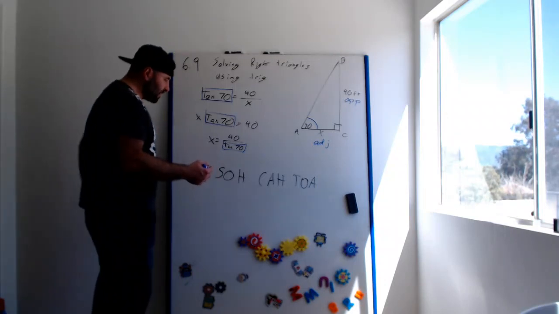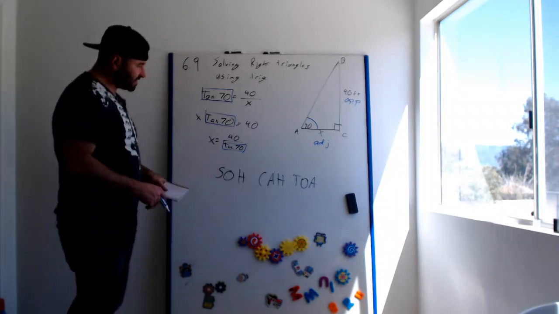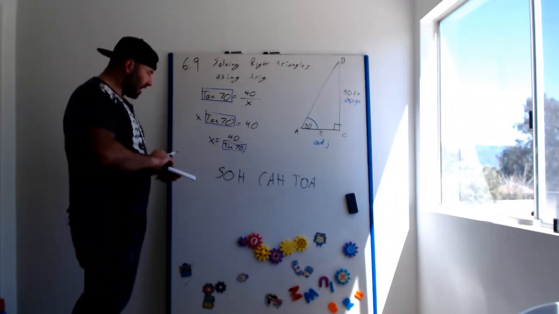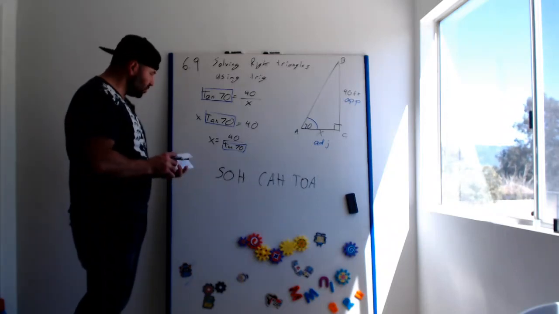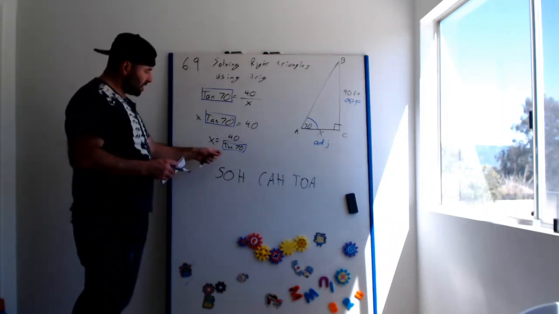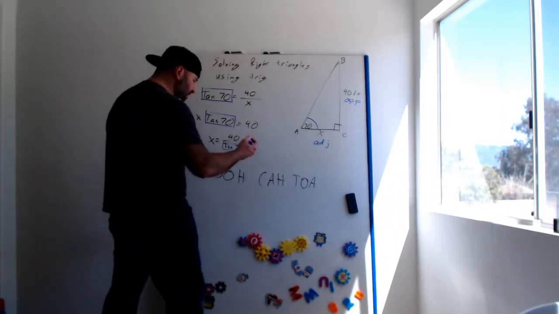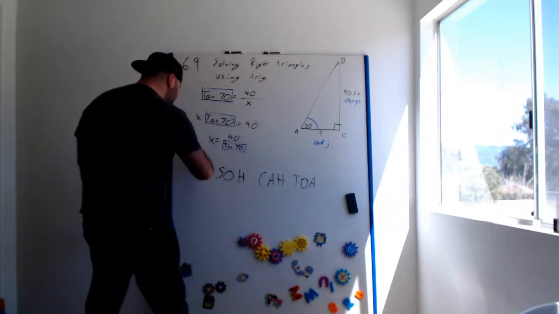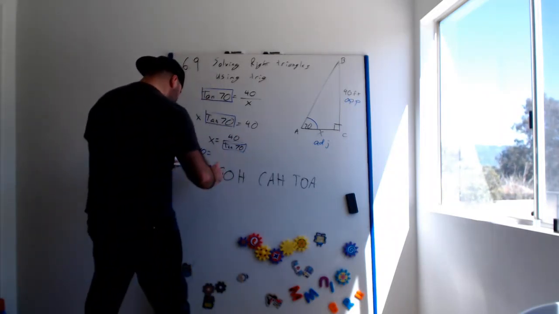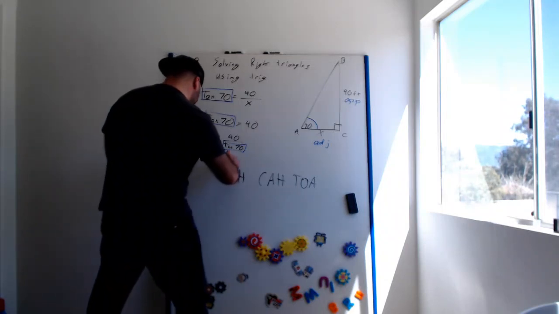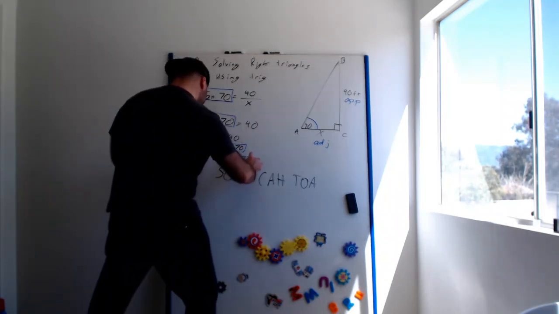To finish this up, I don't recommend that you input these separately, but just so you know, the tangent of 70 should be approximately 2.747477.